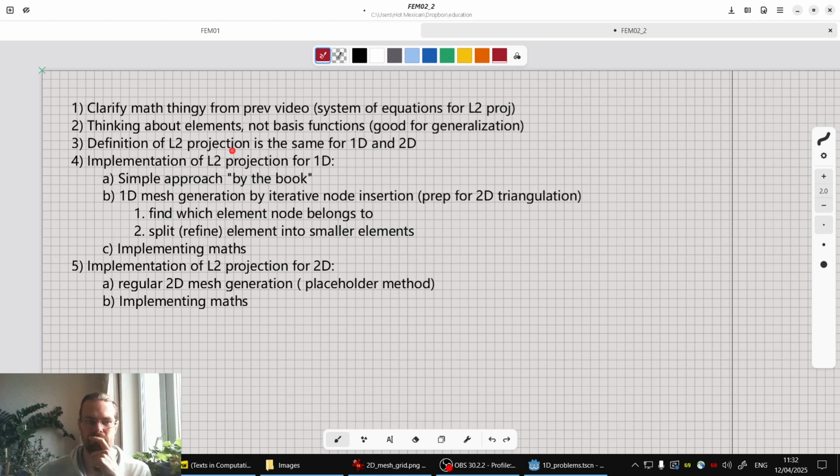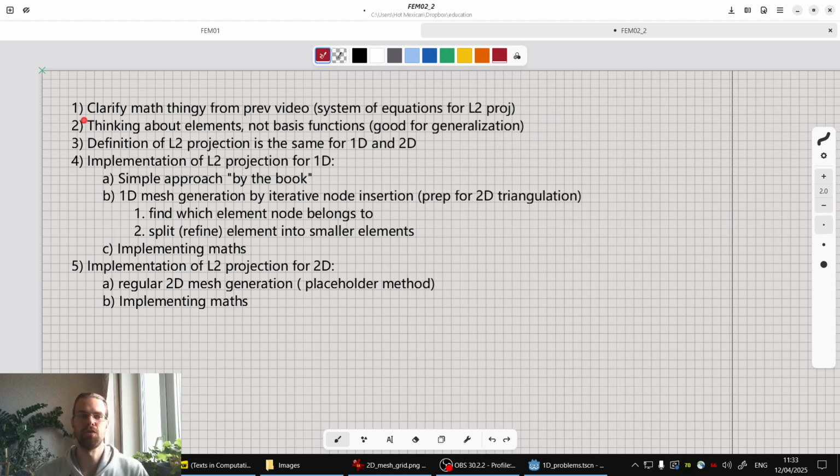Well, let's go through, and maybe some comments. So here I just show you how to get a system of equations, at least my interpretation of how it's done, and that we notice exactly what I was talking about. The definition is exactly the same for one dimension and two dimensions. I guess this is the observation.